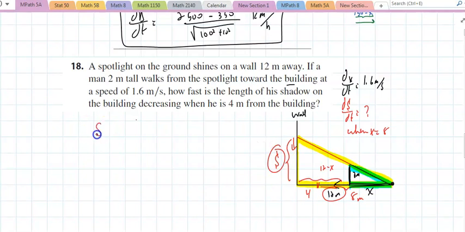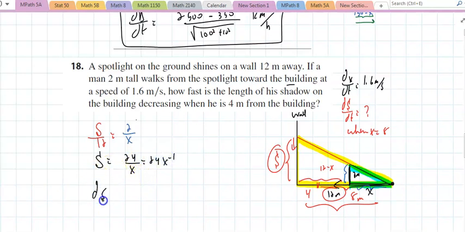Yeah. S to 12 should equal 2 to x. And if I cross multiply and do my magic, that's really 24 over x, or 24 x to the negative 1 if I really don't want to use the quotient rule.